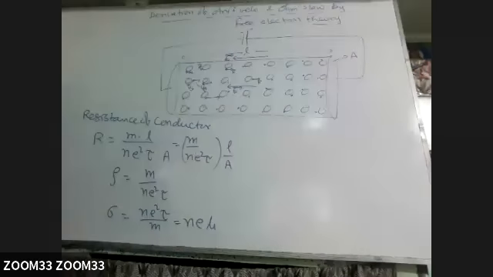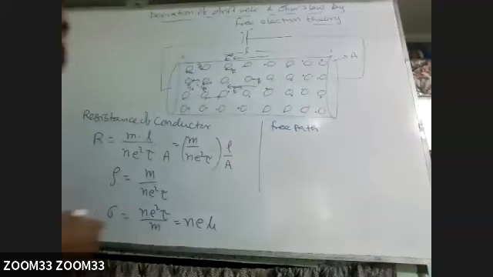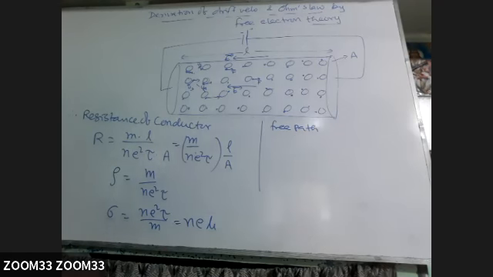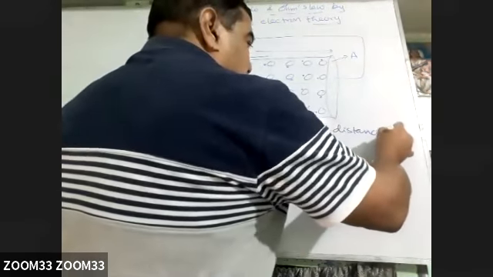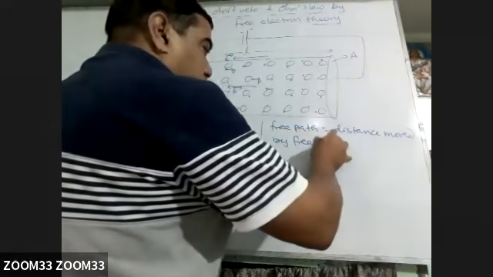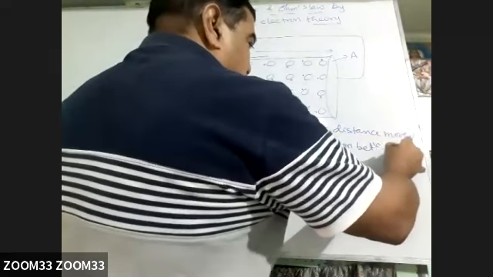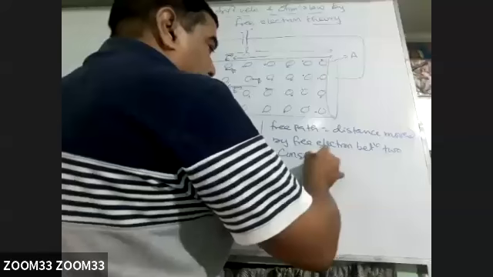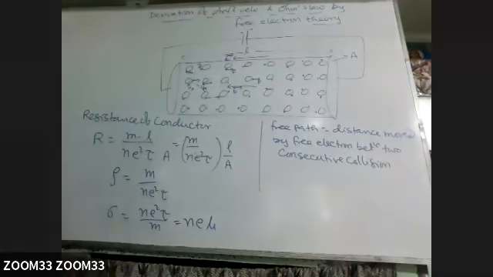Sometimes we may be asked what is the free path and what is mean free path. Free path means distance traveled by a free electron between two consecutive collisions.